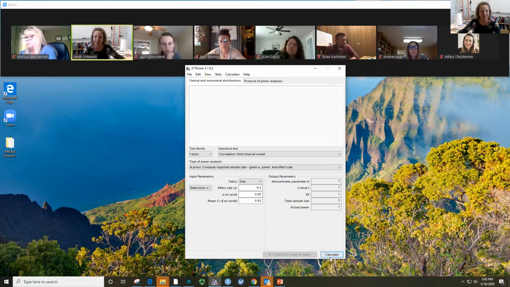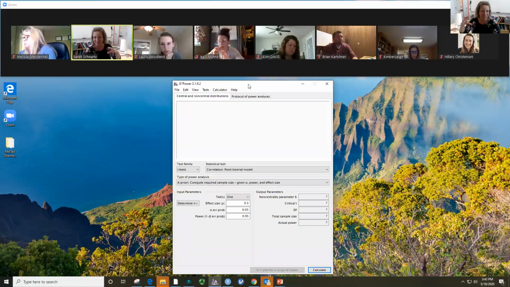If you cannot see and click on this calculate button, and this happens a lot on MacBooks, you need to change your screen resolution so it zooms out, so you have a higher resolution, which makes your window smaller so you can get to this calculate button. This is the one issue that I've seen more than anything with G-Power. It's just changing your screen resolution so you can get to that button.